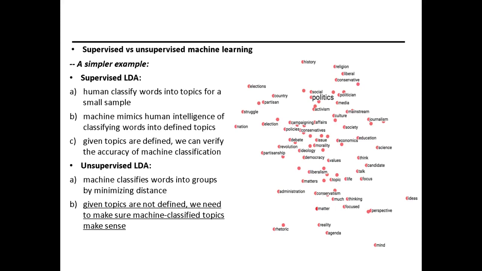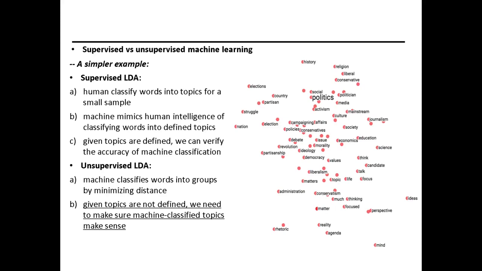So basically, for supervised, you read the text and define the topic for each sentence, and then you have a training sample, and you use that to build a supervised LDA. The model will mimic the way you recognize climate, fair value accounting, and intangible assets.